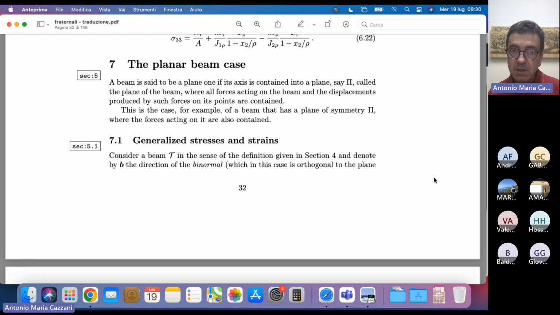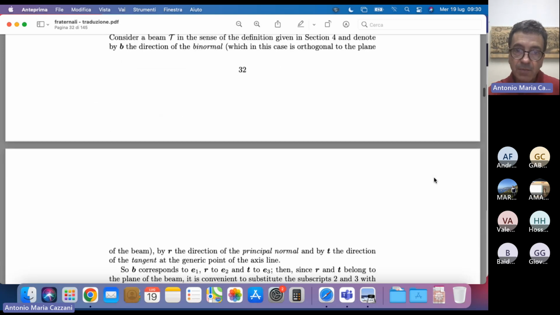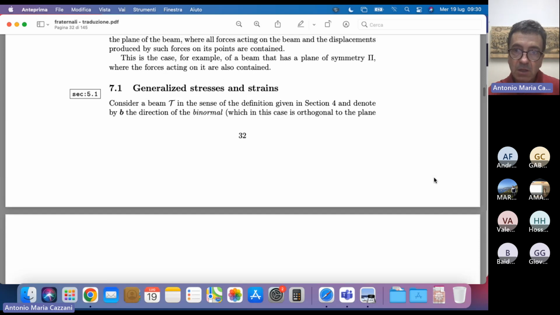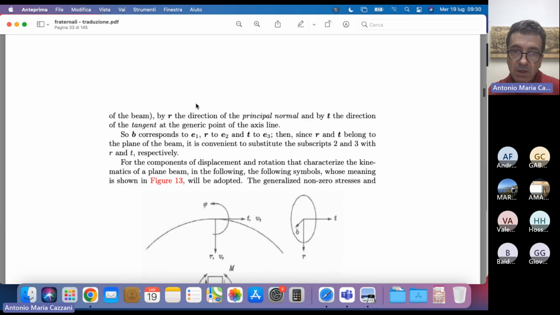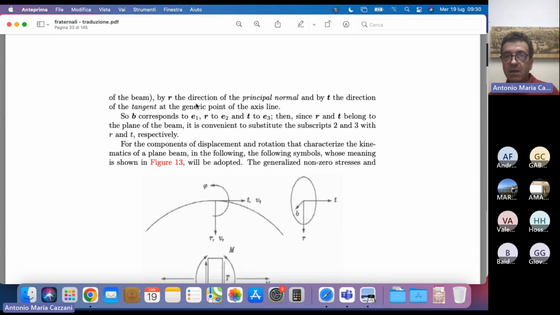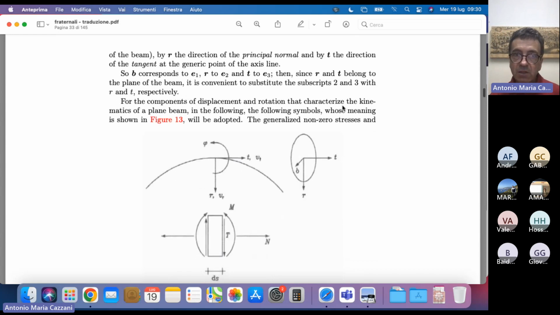A typical case is a beam with a plane of symmetry where all forces act in the same plane. So, in this case, we consider a plane perpendicular to the direction of the binormal, unit vector B. Then we denote by R the direction of the principal normal, and by T the direction of the tangent at any point of the axis line.